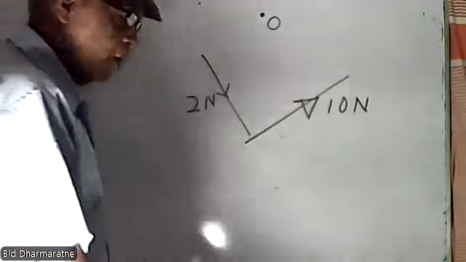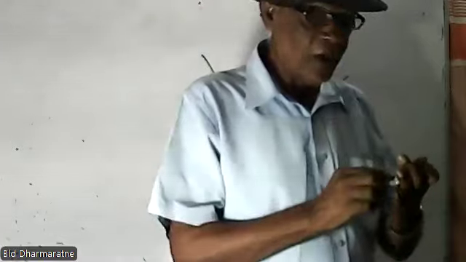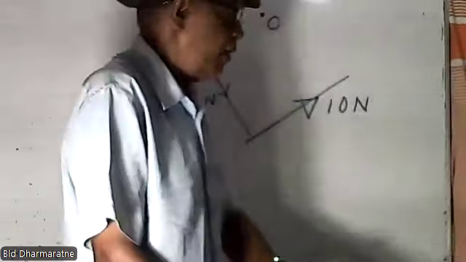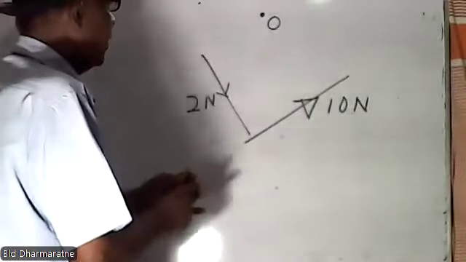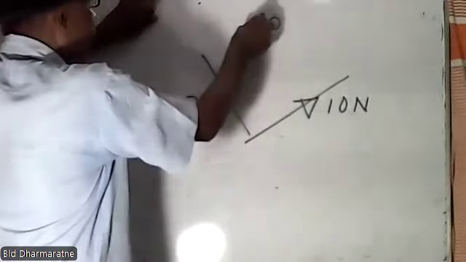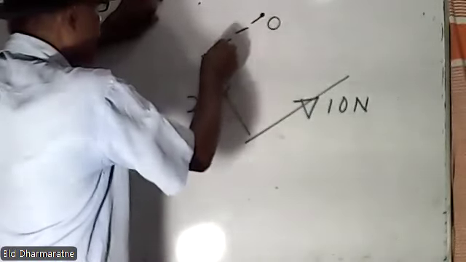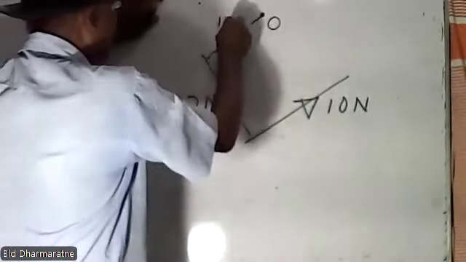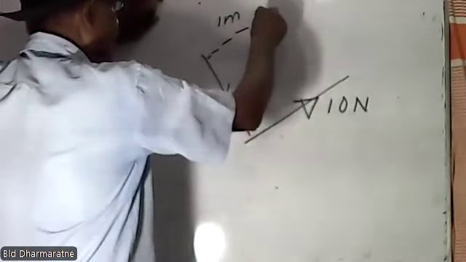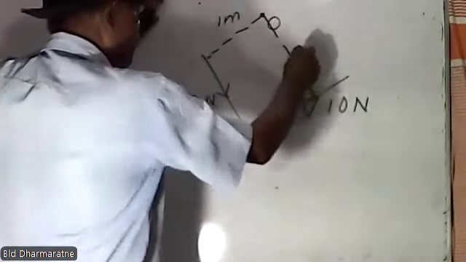We have to take the algebraic sum of the moments, plus or minus. If two moments are in the same direction, they add. In opposite directions, they subtract. The perpendicular distance here is given as 1 meter, and this perpendicular distance is 2 meter.